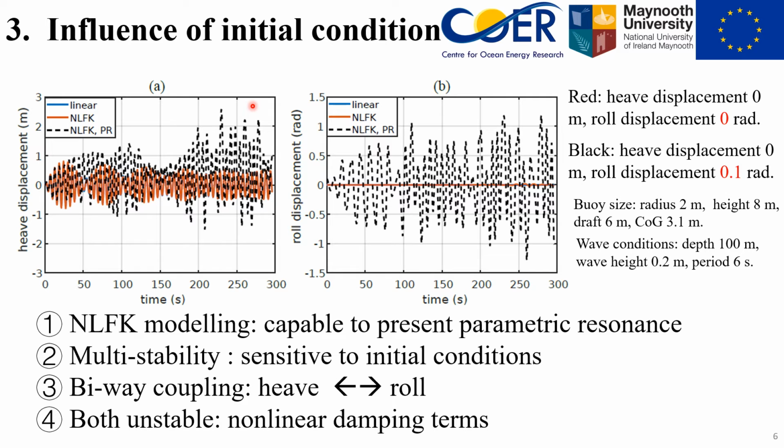Here we can see the heaving motion and roll motion go to infinity as time increases. Thus, it is important to consider some nonlinear damping to stabilize the system to make results more realistic.